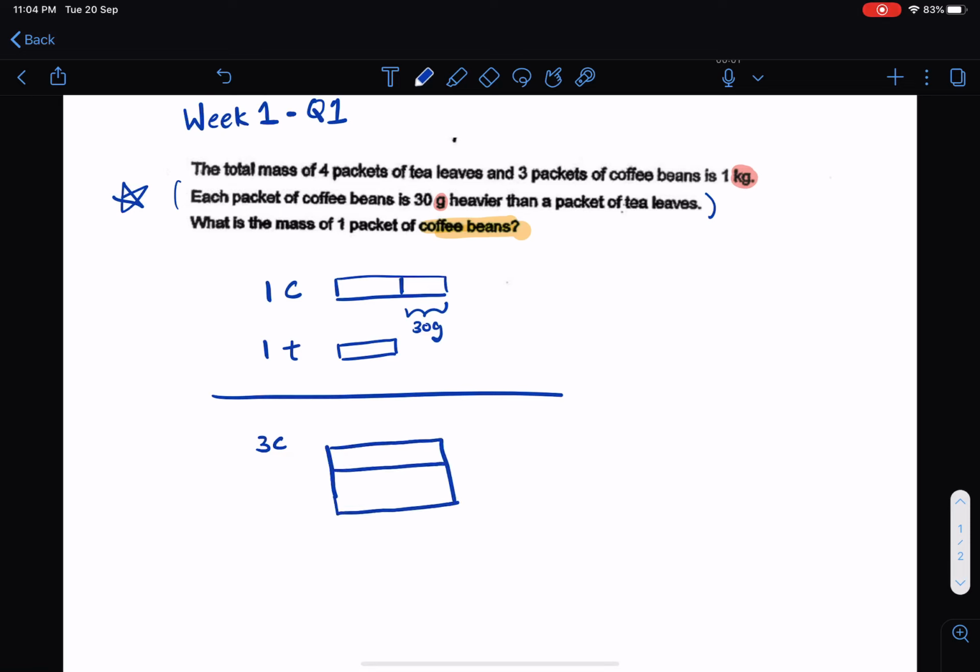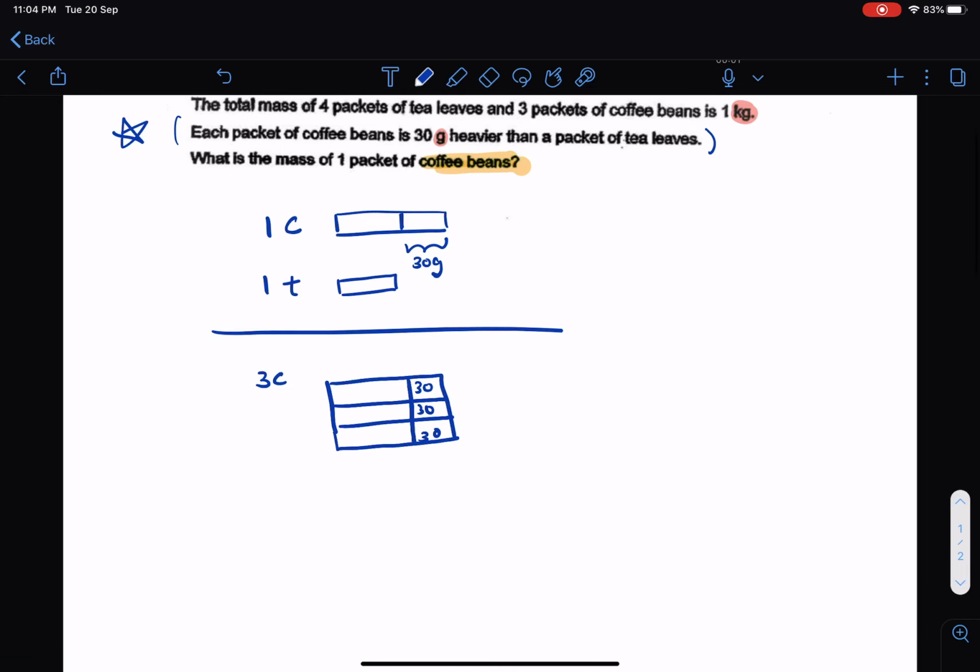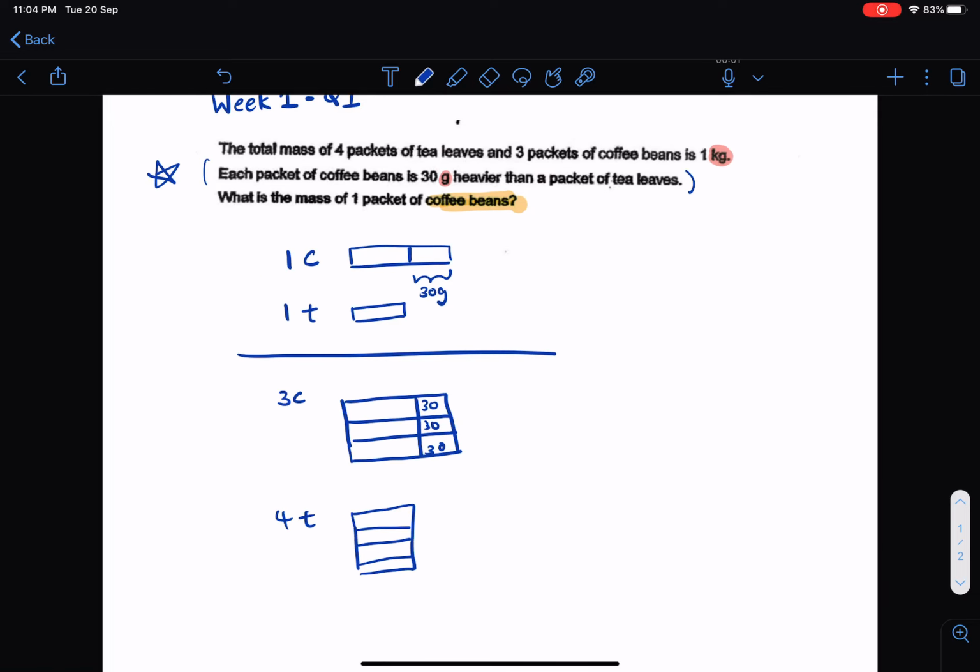I will draw them vertically downwards. So this is 30 gram and 30 gram, alright? And I have 4 packets of tea leaf, so I will draw 4 packets of tea leaf here. And what did the question say? The total mass is 1 kg.